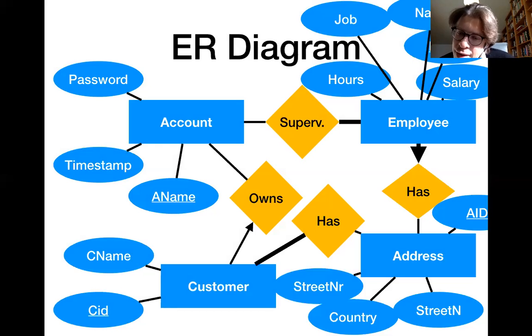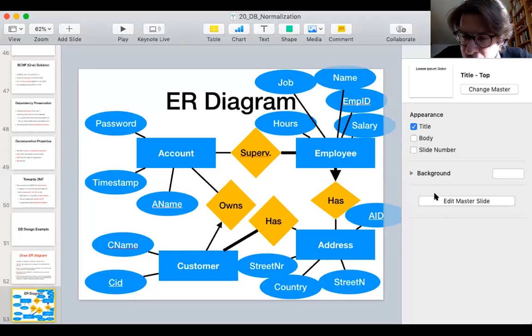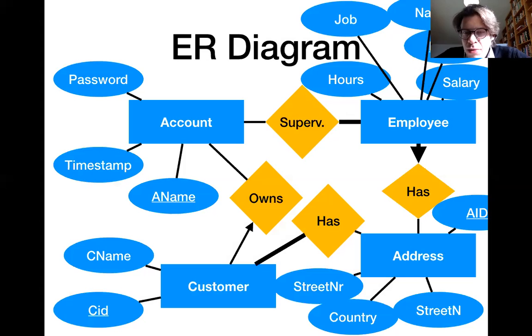Okay, and while I let you translate, I'm answering questions here. Whether we could have two different relationships rather than one has. So there's two has relationships. Admittedly, the naming could be a little bit more expressive here, but which of them do you mean?